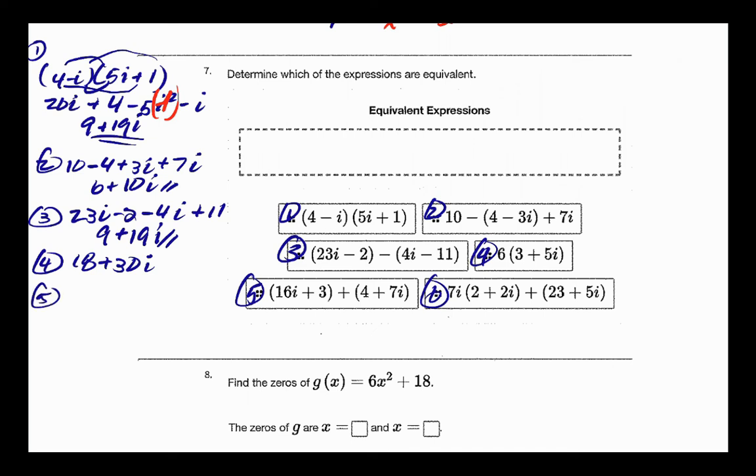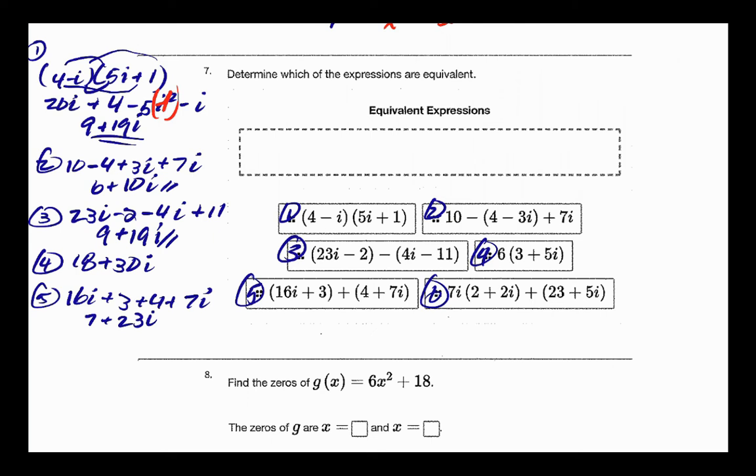Number 5, I'll have 16i plus 3 plus 4 plus 7i. Combining the like terms, that'll give me 23i and 7. So again, write it as 7 plus 23i. And that one's not similar to, so far it's only 1 and 3.